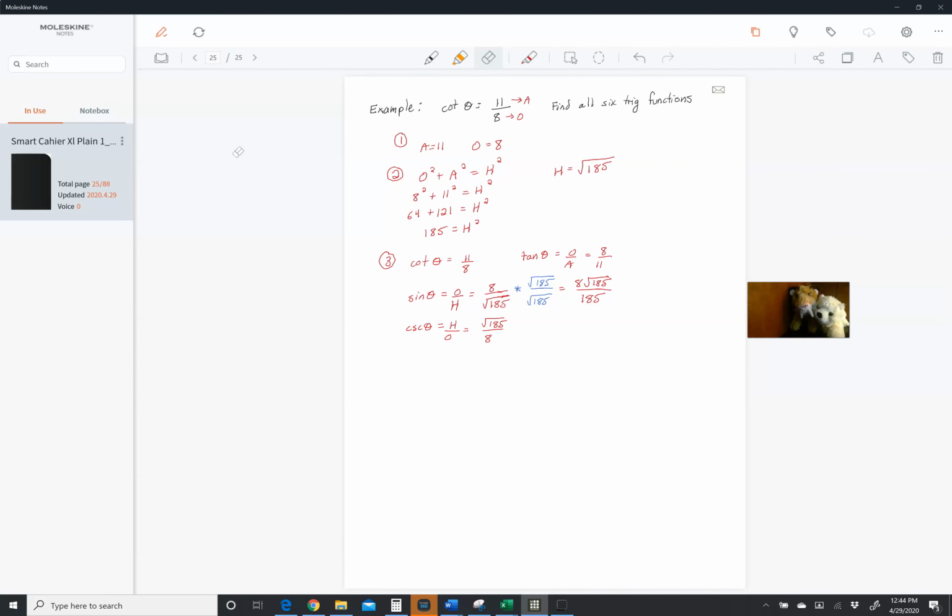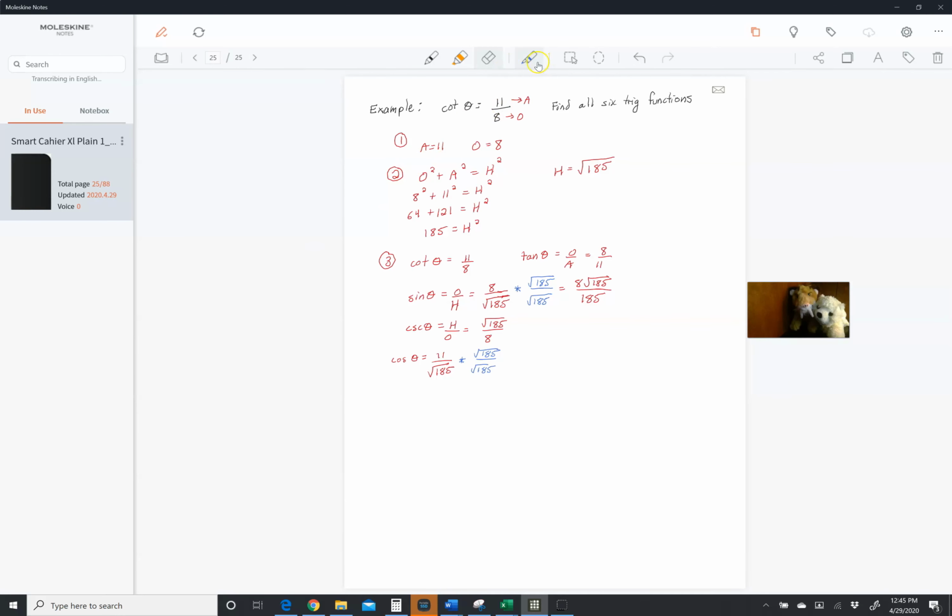Let's do cosine. So cosine of theta is 11 over the square root of 185. So again, we have to rationalize the denominator. So we're going to multiply by the square root of 185 over the square root of 185.